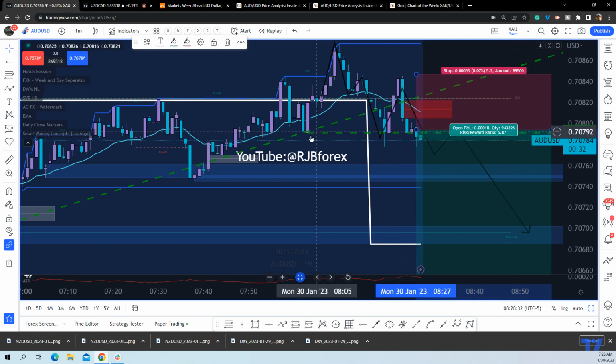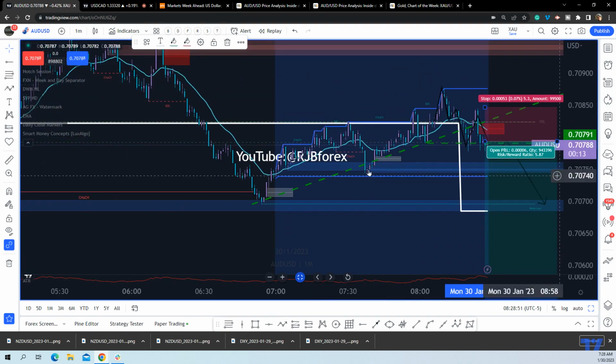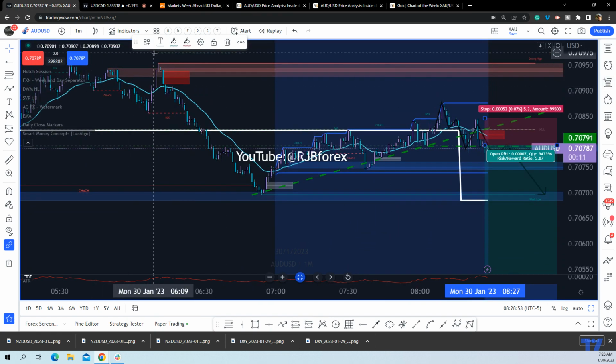We've already had a couple of breaks of this structure, albeit with the pins, so not ideal. We didn't quite get a lower low on that candle, but it was an encouraging shift in momentum from the 61.8, 62 of the bearish impulse. We've got the pump and expecting the dump.